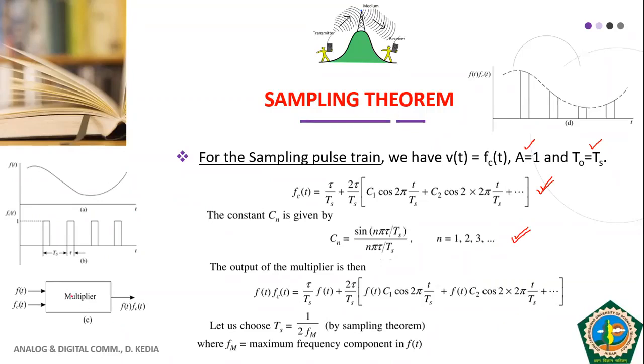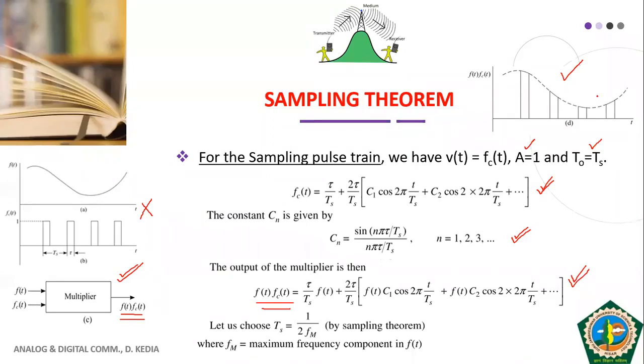And as I told you, my sampled signal, which is shown on the right hand side of my slide, will be obtained by multiplying these two signals. So if I pass these two signals through a multiplier, mathematically f(t) and fc(t) are multiplied, I get the sampled signal. So you can see here that I am multiplying and this is what I get as the sampled signal.